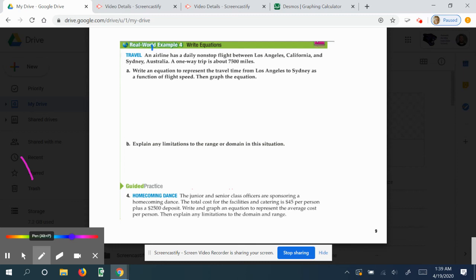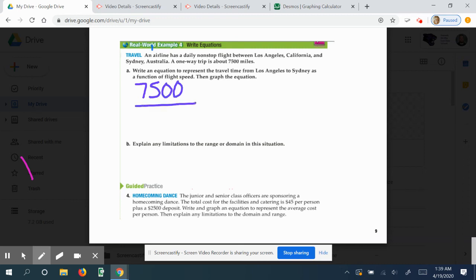Then graph the equation and explain any limitations to the range or domain of this situation. So this is what we're going to do.